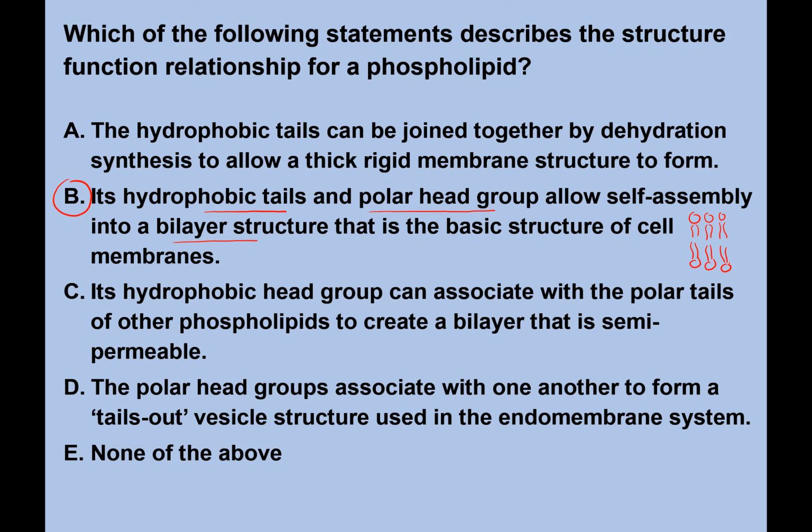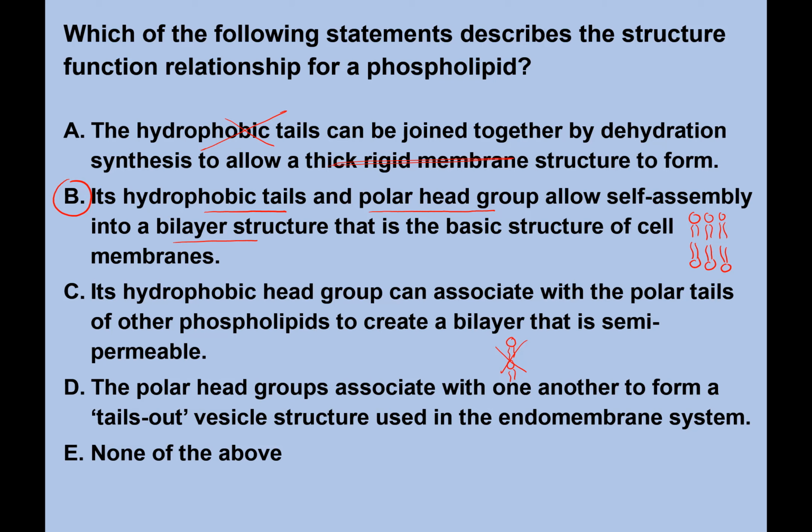Okay, so let's say why these other ones aren't correct. Okay, so we don't join the tails together by dehydration synthesis, and we don't want a thick, rigid membrane. No, that's not good. Hydrophobic head group can associate with the polar tails of other phospholipids. So this is kind of what this thing is talking about, and that's not how a bilayer is formed.